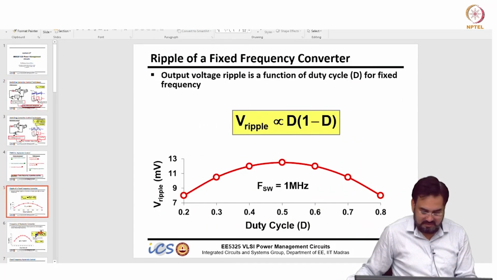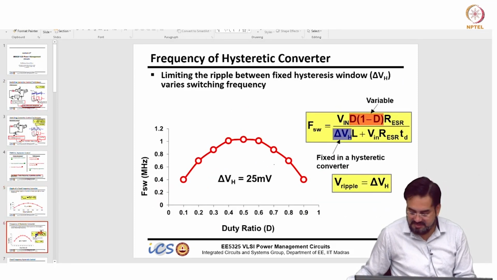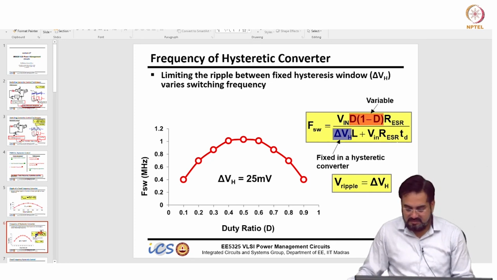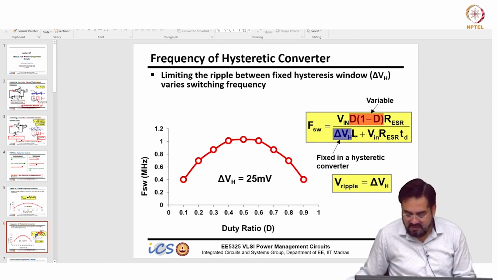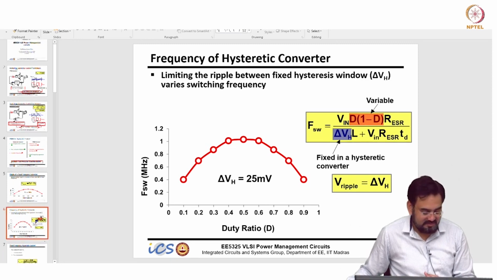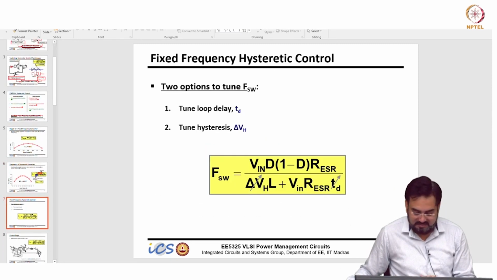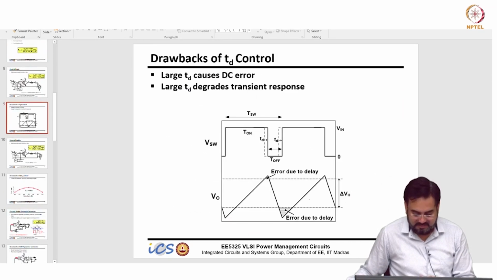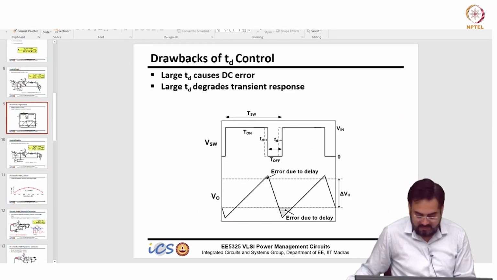Okay, so I will just show you the final expression. This is for voltage mode. You remember in the denominator you have delta VHL. Now, with the TD, this extra component will come. Okay, this is what I wanted to show.